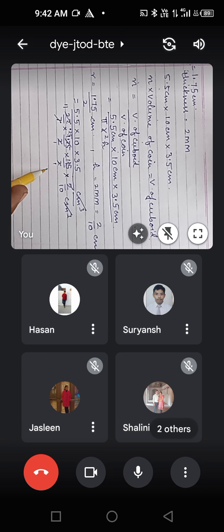Right? So as a result, what you are getting in numerator? 5.5 into 10 into 3.5, and in denominator, 11 from here, 0.25 from here, and 1.75.